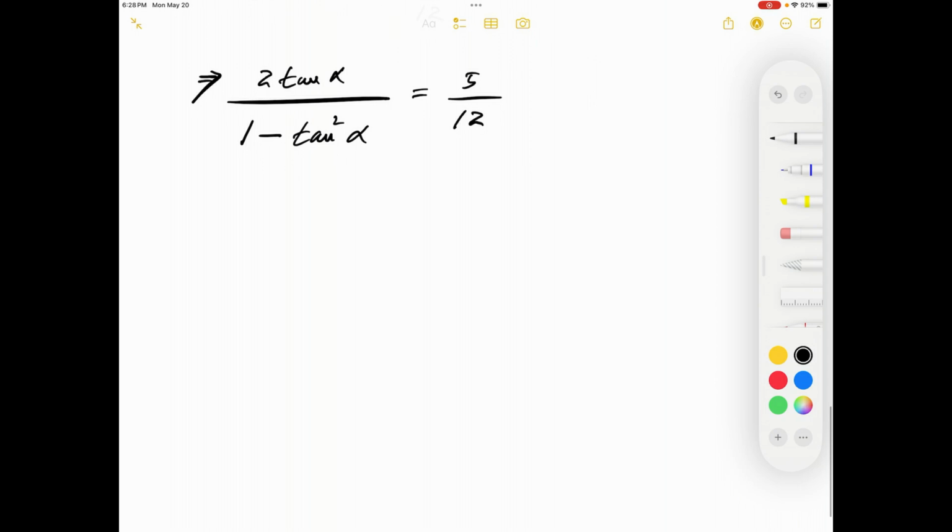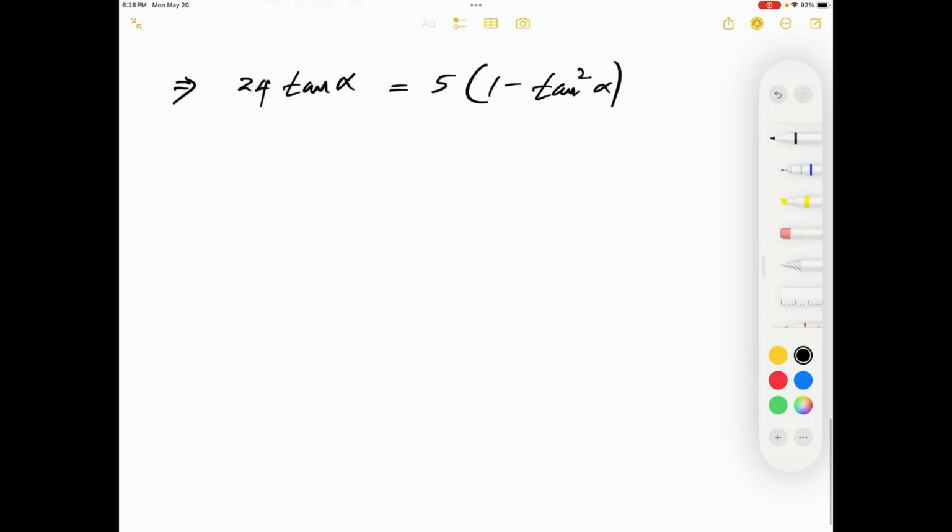Now we can simplify this one, and then we have 12 times 2 tangent alpha becomes 24 tangent alpha. That should be equal to 5 times 1 minus tangent squared alpha. Now this can be rearranged to look like a formal quadratic equation.